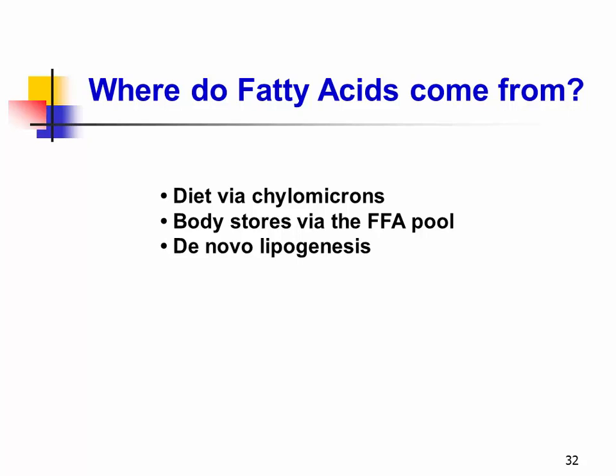And the storage means that sometimes during the fasting condition, that makes things a little bit complicated. When our body needs to mobilize fatty acids to utilize in other tissues, first of all, we need to break down triglyceride to fatty acids and release them into the circulation from the fat tissue.